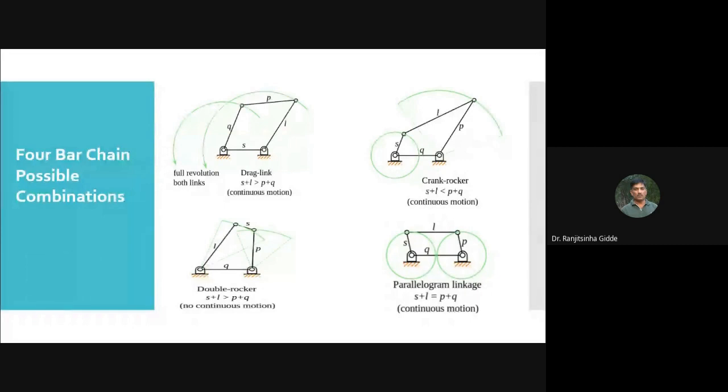Now, this is the second one. You can see this is the shortest link, this is the longest link, this is the other link P, and this one is the other link Q. To have continuous motion of this crank, this is a crank rocker mechanism.